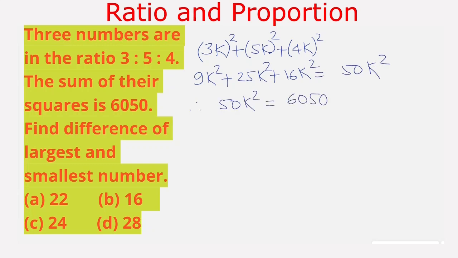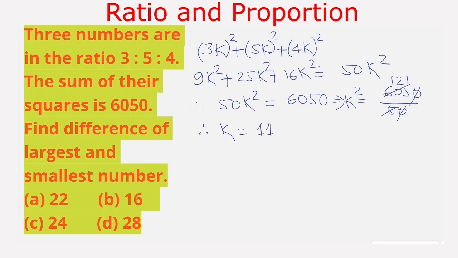Therefore, 50k squared equals 6050. This gives k squared equal to 6050 divided by 50. 0 is cancelled by 0, and 5 goes into 605 for 121 times. Therefore, k equals the square root of 121, which is 11.